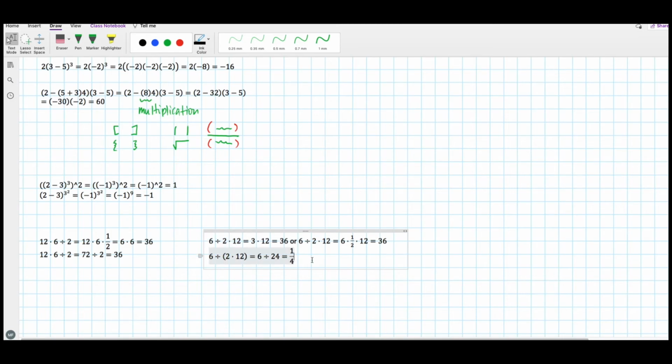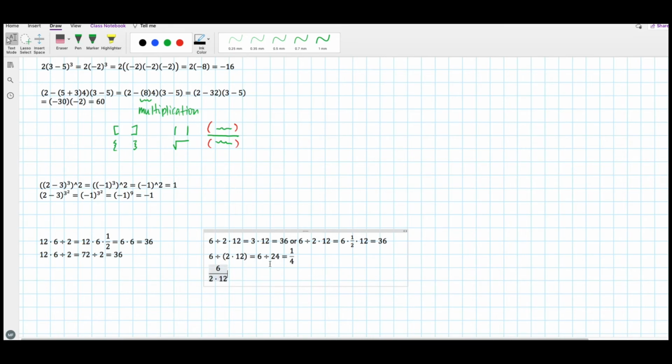This is also why the division bar is fairly useful. Okay, if you wanted to mean this second one here, but didn't like writing it with parentheses, well then what you can do is use the division bar, because the division bar is itself a grouping symbol.